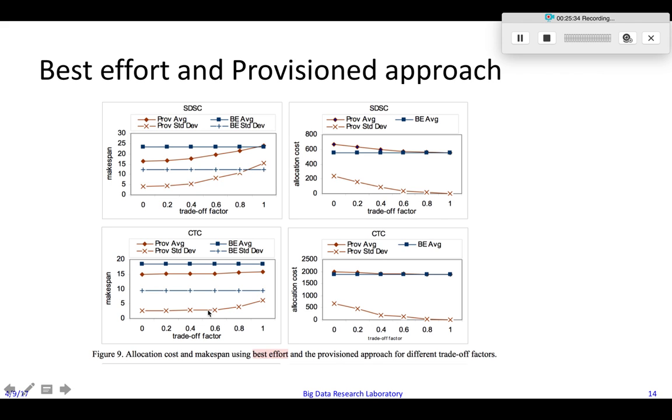However, for the CTC cluster, the provision makespan is lower than the best effort makespan for all the values of alpha.